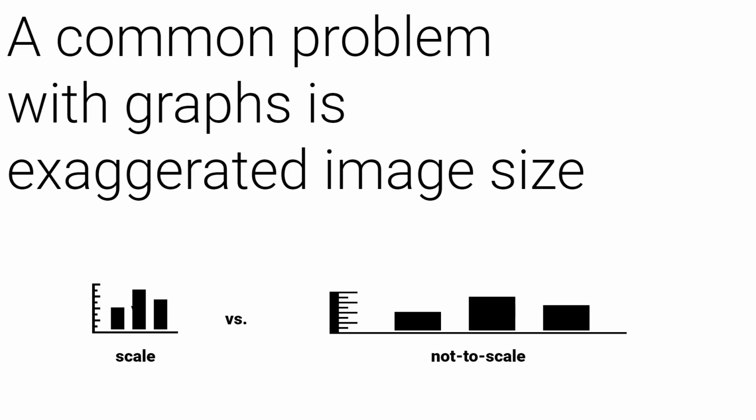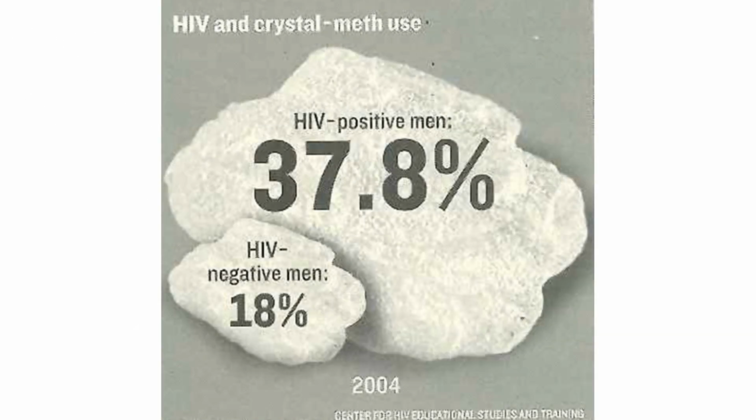Here's an example from your text. This is a graphic summarizing the results of a study on crystal meth use among gay men in New York City. The results of the study showed that among the individuals that admitted to using crystal meth, twice as many were HIV positive as opposed to being HIV negative.